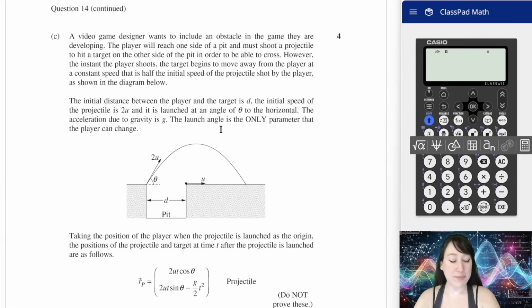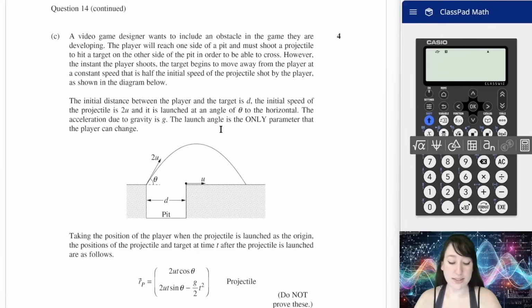Question 14c. A video game designer wants to include an obstacle in the game they are developing. The player will reach one side of a pit and must shoot a projectile to hit a target on the other side of the pit in order to be able to cross. However, the instant the player shoots, the target begins to move away from the player at a constant speed that is half the initial speed of the projectile shot by the player, as shown in the diagram below.